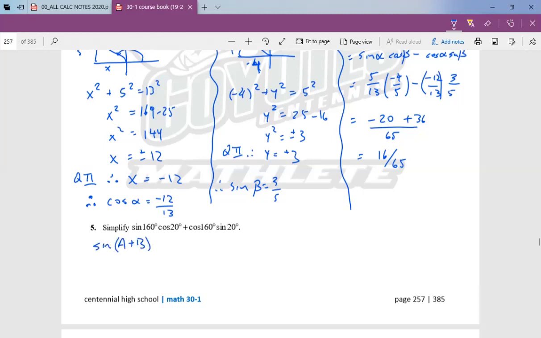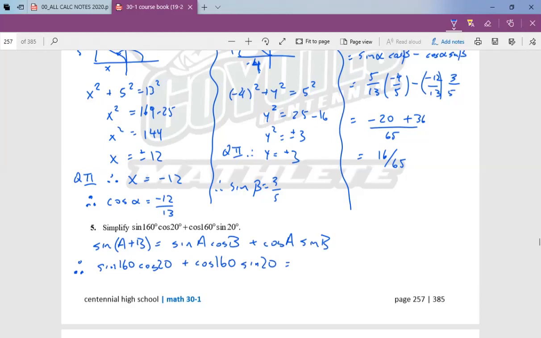A plus B is equal to sine A cos B plus cos A sine B. So therefore, given sine 160 cos 20 plus cos 160 sine 20, your A is 160 degrees, your B is 20 degrees.